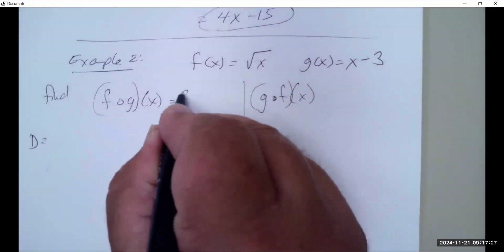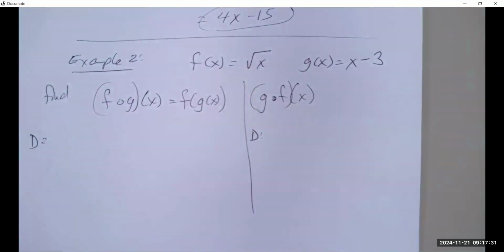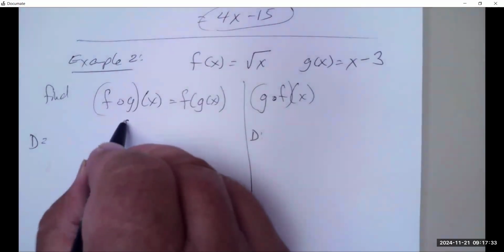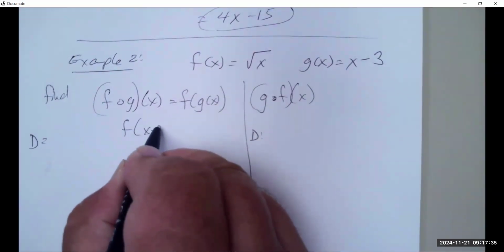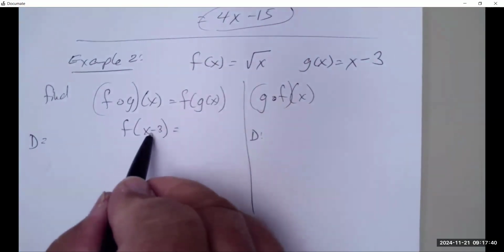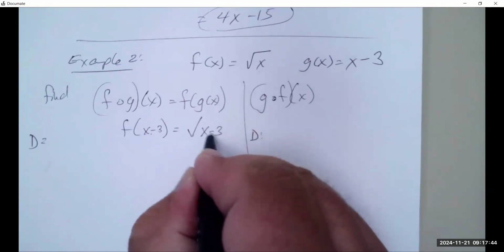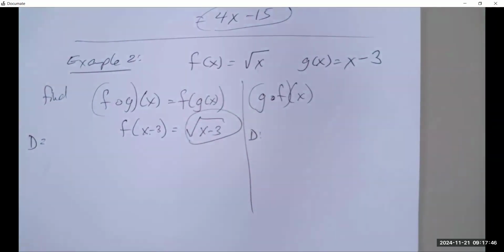So this first one is f of g of x. And g of x is x minus 3. That's my input. I put this inside the f function, so I have square root of x minus 3. That's my FOG. What's the domain of that function?